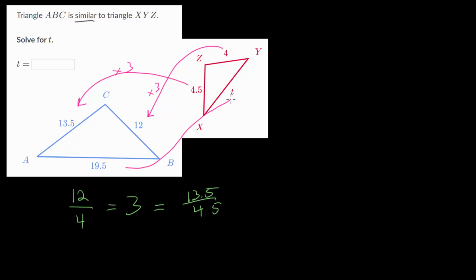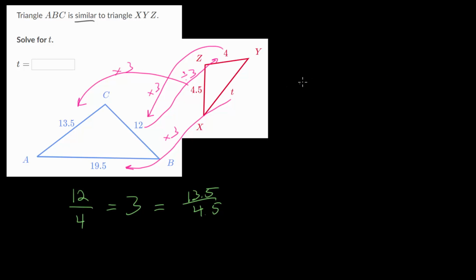We're taking t and multiplying it by 3 to get 19.5. Or we could look at it in reverse. To go from the bigger one to the smaller one, let's say for the smallest sides, we are taking 12 and dividing by 3 to get back to 4. So if we take 19.5 and divide it by 3, we will get back t.